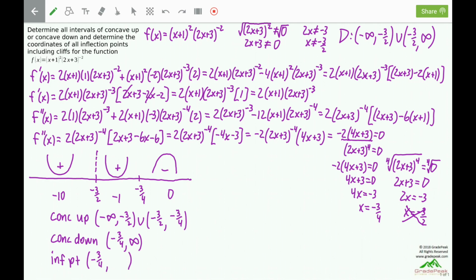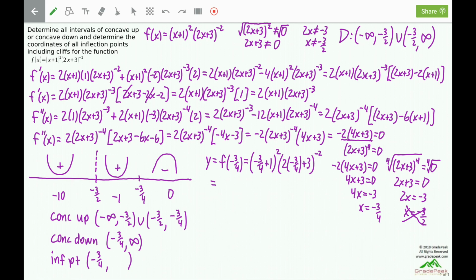It will have some corresponding y-coordinate that can be found by plugging the x-coordinate back into the original function. So y equals f of -3/4, which will be -3/4 plus 1, quantity squared, times 2 times a -3/4 plus 3 to the -2 power.